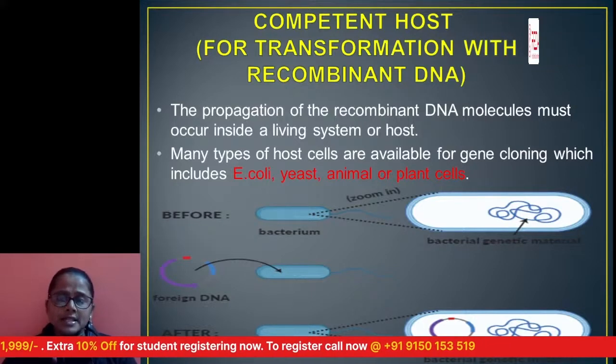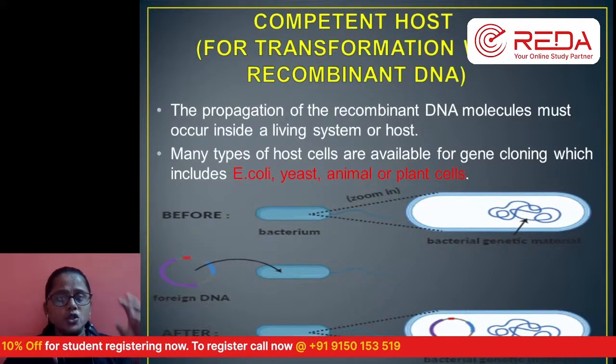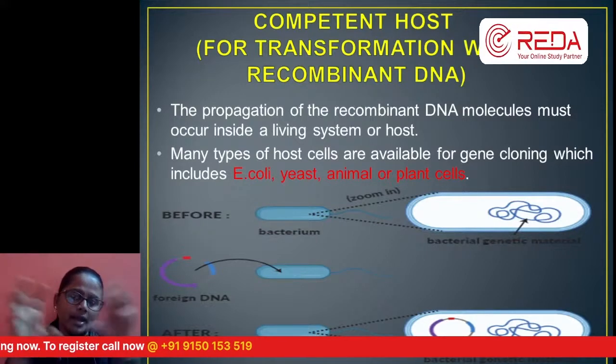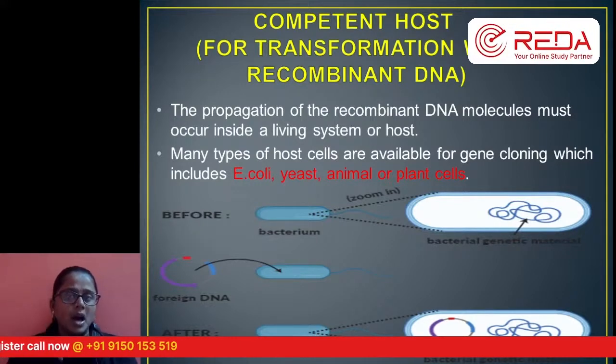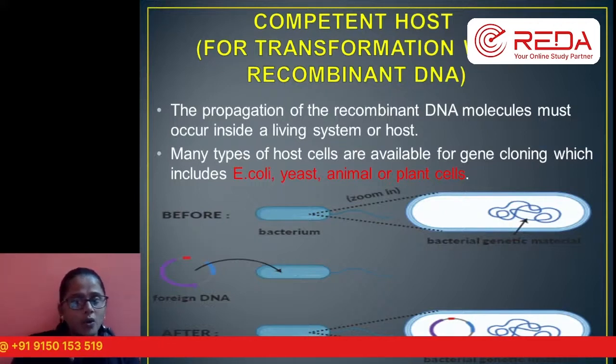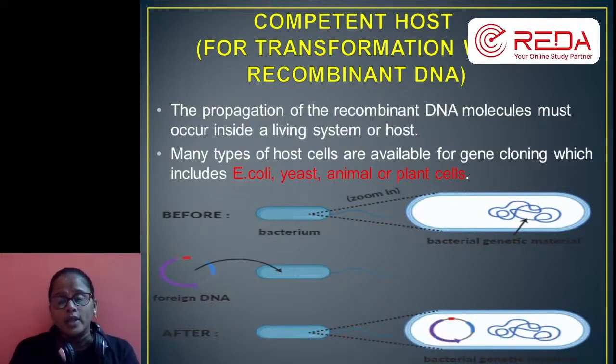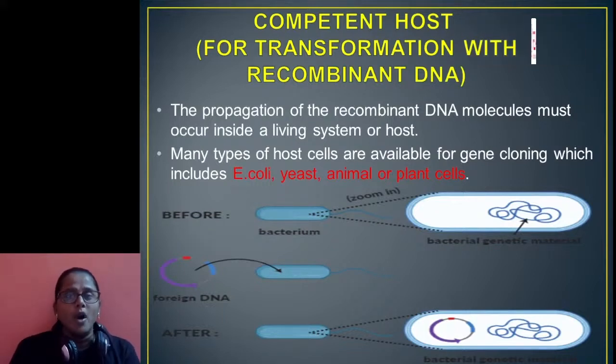So in the steps of biotechnology, we choose the desired gene, we choose the vector, we combine them together, and we make our rDNA. And now we are going to put this rDNA into a host, because you know that this recombinant DNA molecule is not able to replicate on its own.